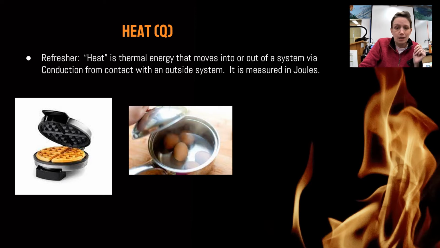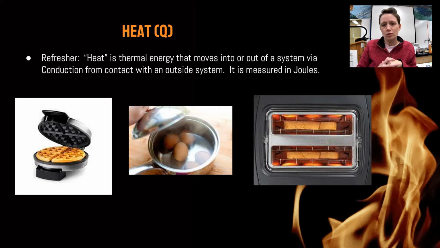It's going to heat up. Those eggs could be absorbing thermal energy through conduction through their shell, right? And that's going to increase the temperature of them. Or your toast is probably absorbing energy through radiation, but also potentially through some conduction by the toaster itself getting warm. So that's the heat.